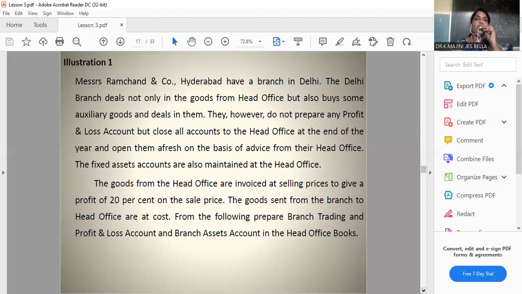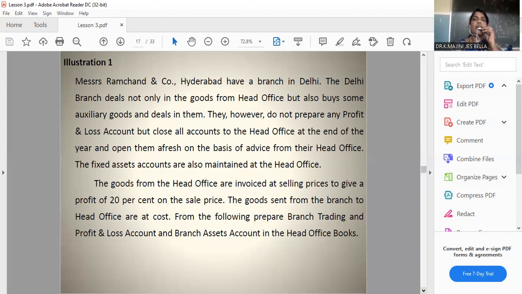They, however, do not prepare any profit and loss account, but close all accounts to the head office at the end of the year and open them fresh on the basis of advice from their head office. The fixed assets amounts are also maintained at the head office. The goods from the head office are invoiced at selling prices to give a profit of 20% on the sale price. The goods sent from the branch to head office are at cost.